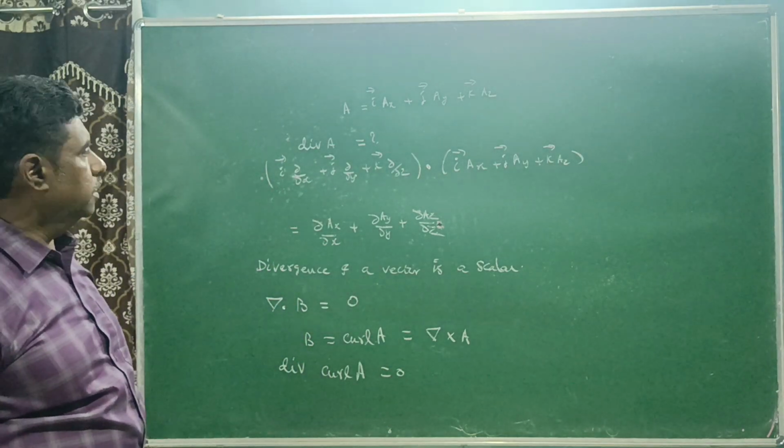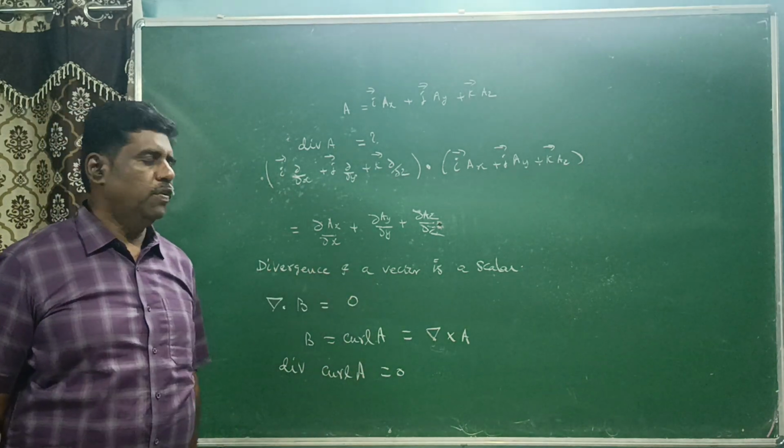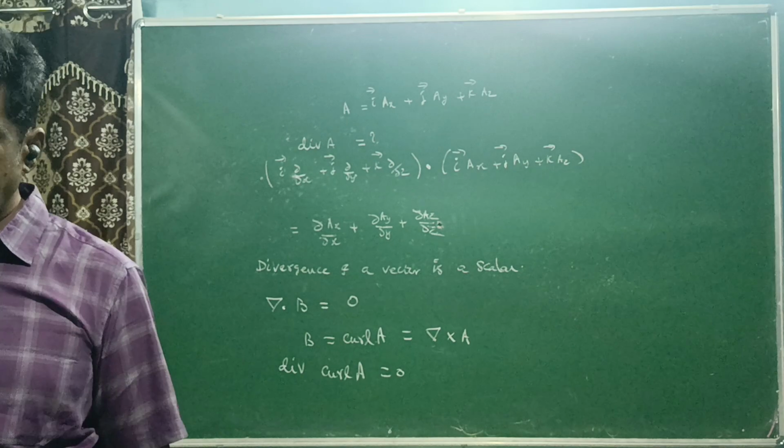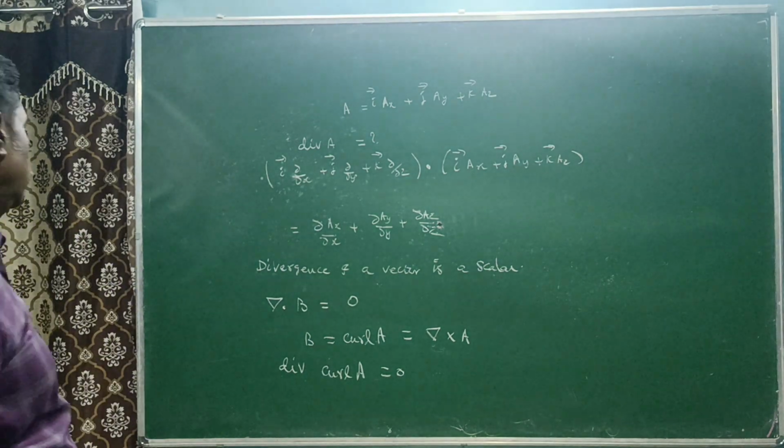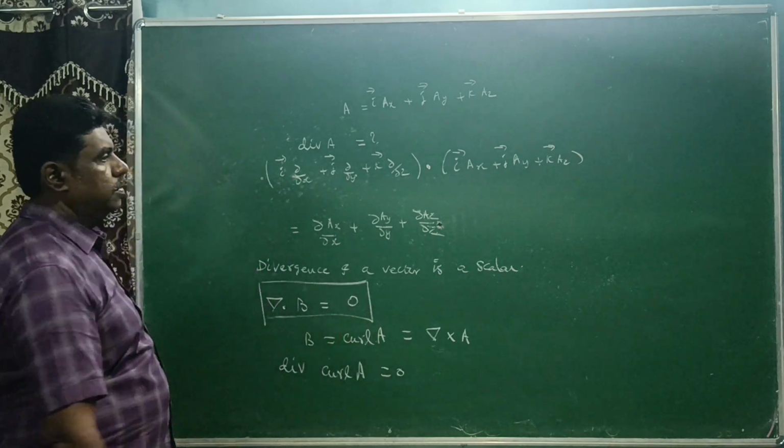Therefore, we may say divergence of a vector is a scalar. This is the solenoidal condition.